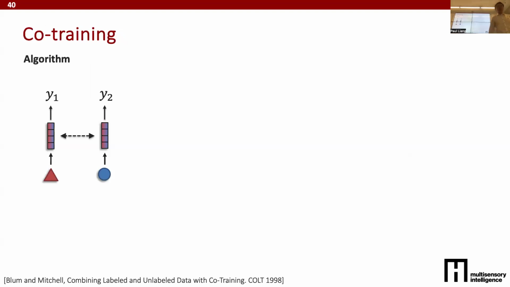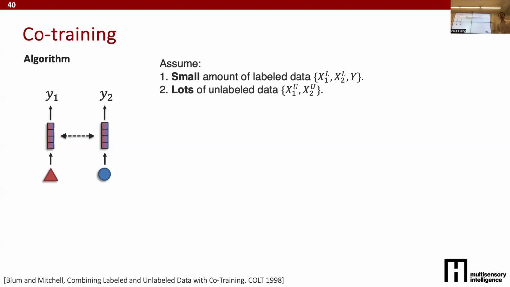How this co-training algorithm works, very similar to self-training, is that you will have some labeled data, x1, x2, y, and some unlabeled data, x1, x2, probably a lot more unlabeled data. You will train one classifier on each. You train F1 on x1 to y, and you train F2 on x2 to y. So now you have two classifiers that you start with.